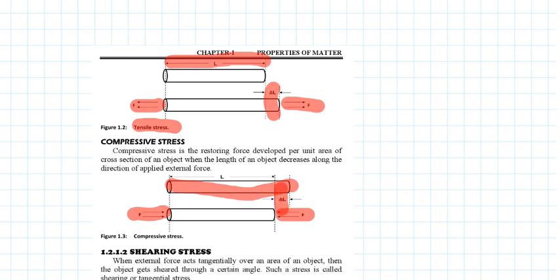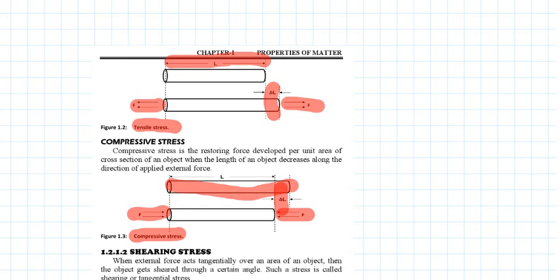So normal stress can be classified as tensile stress and compressive stress. In tensile stress, the length of the material increases. In compressive stress, the length of the material decreases.